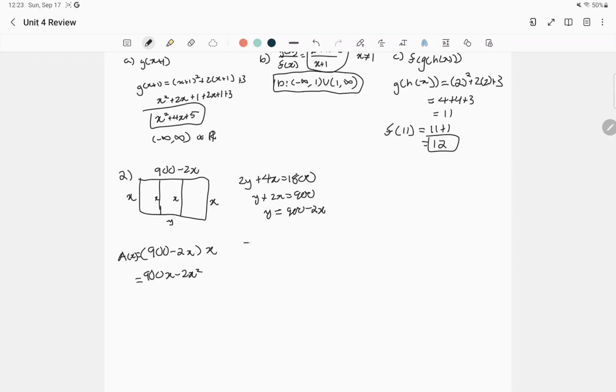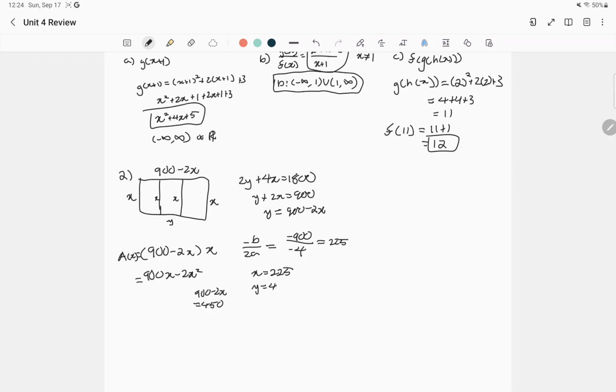Then we have to find our negative b over 2a, which is going to equal negative 900 over negative 4, which is equal to 225. So x equals 225 for our maximum, which means 900 minus 2x is going to equal 450.